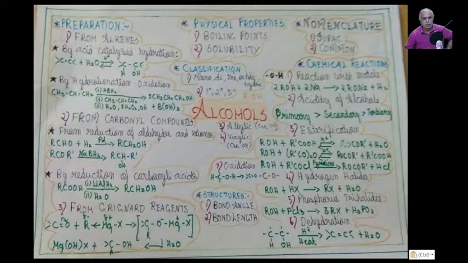This is one of the sketch notes prepared by our old Saitech students for preparation of alcohol. Alcohol classification, physical properties, nomenclature, all these things have been brought in one page as a cheat sheet. So you can also try later.